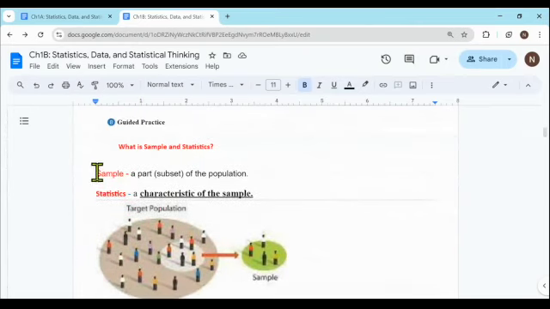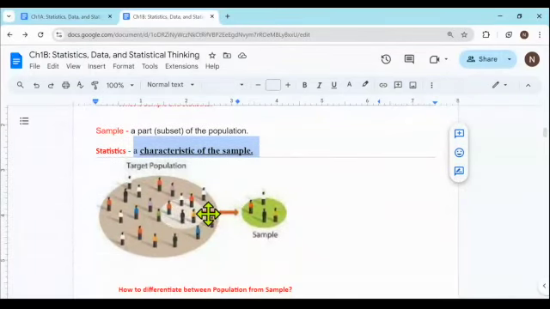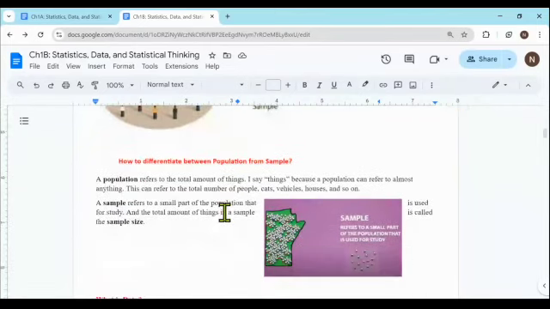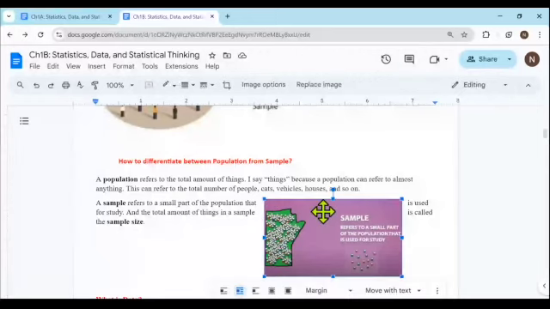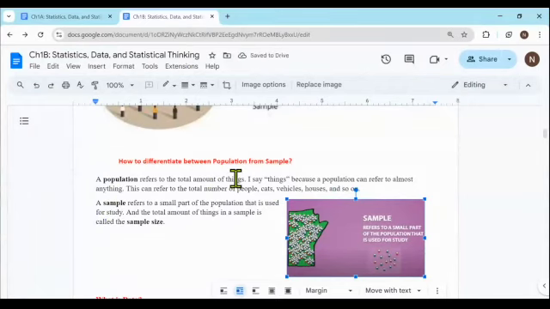Now, guided practice. Here we talk about sample. What is the definition for sample? A sample is a subset of the population. What about statistics? It's a characteristic of the sample. So we usually get a sample from the population. Why? Because it's very difficult to get all the information from the population, correct? A population refers to the total amount of things. I say things because a population can refer to almost anything, such as a total number of people.